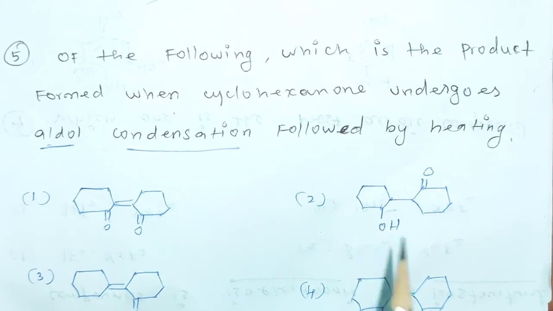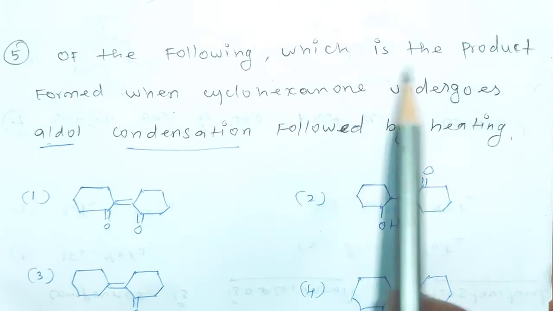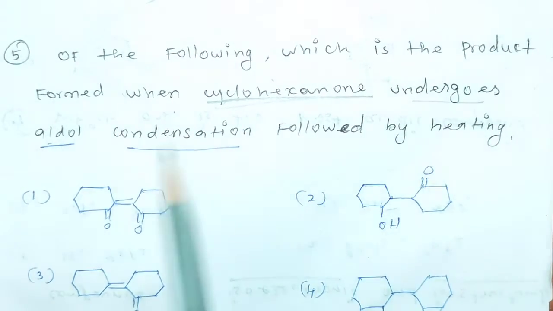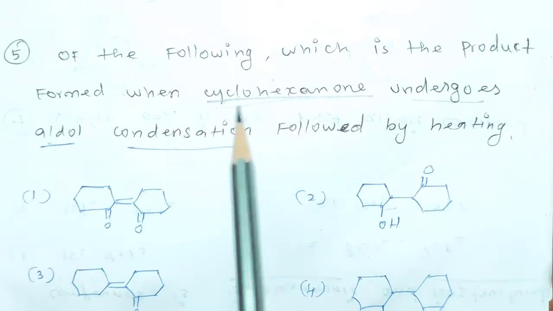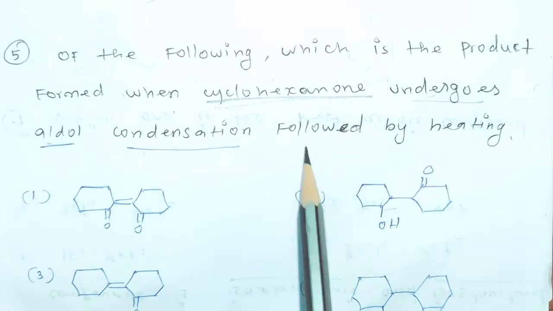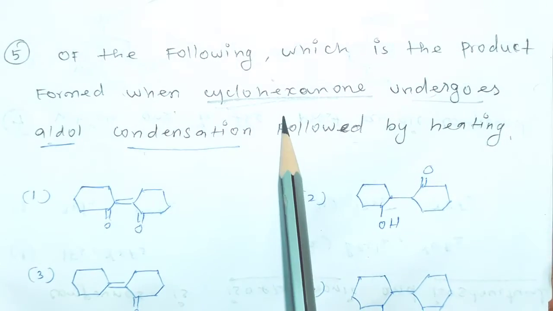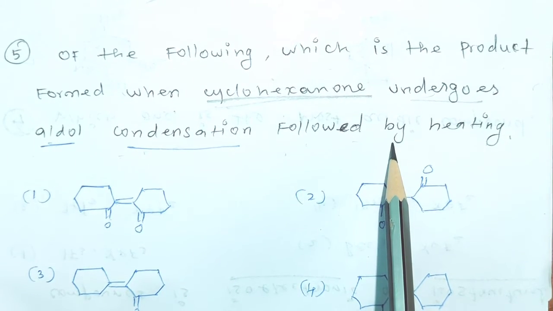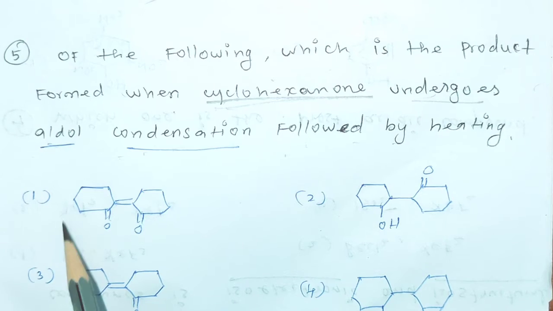Next, the fifth question: which product is formed when cyclohexanone undergoes aldol condensation followed by heating? Four options are given.